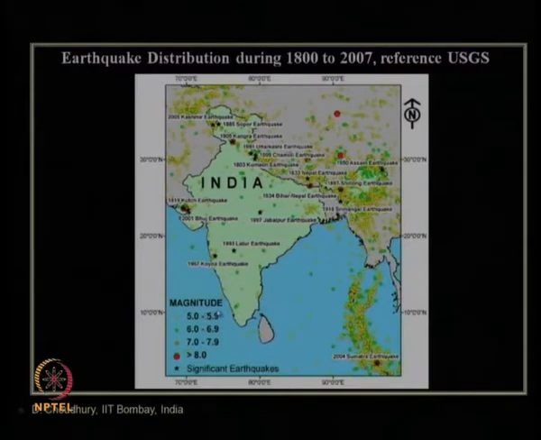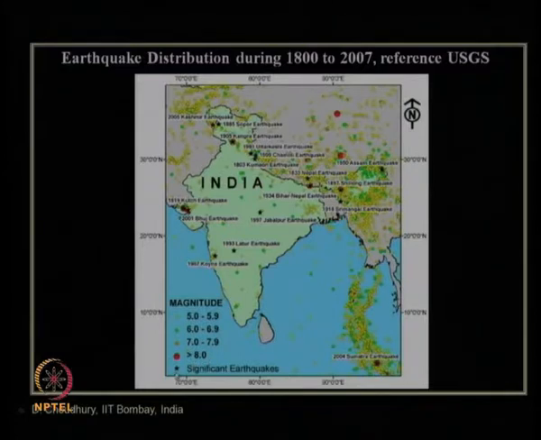They have grouped it in different magnitude ranges: the small yellow dots are for magnitude between 5 and 5.9, the green dots are for magnitude between 6 and 6.9, the orange dots are for magnitude between 7 and 7.9, and the big red dots are for magnitude greater than 8.